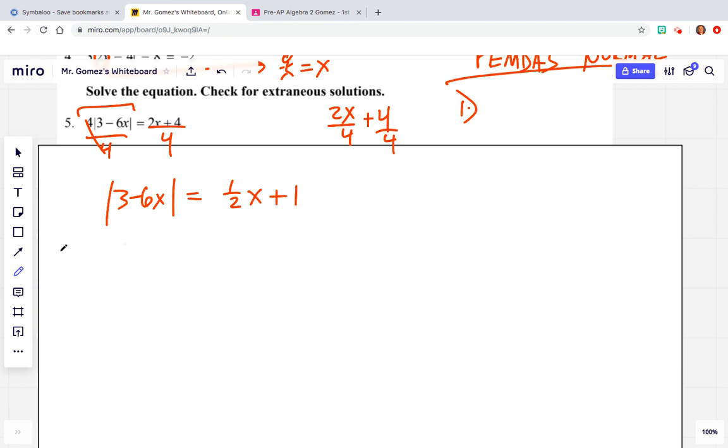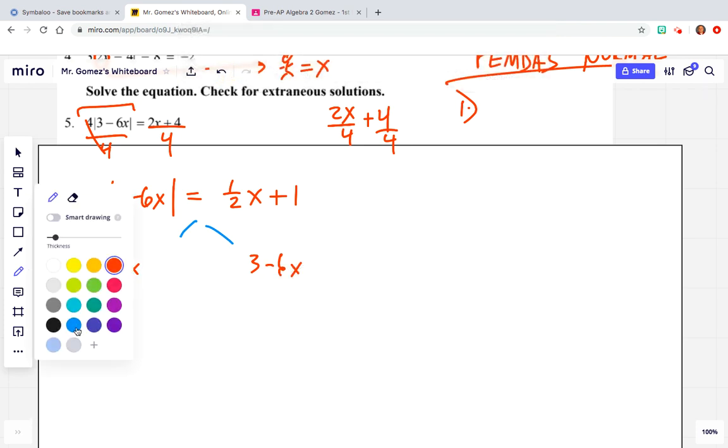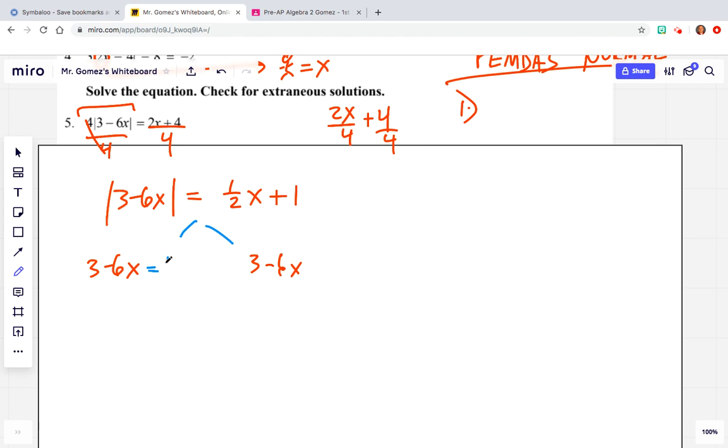So from here, since we isolated the absolute value, we're going to break it down to the positive and negative forms of what we see. Okay, so let's copy it down. First of all, our absolute value piece, so 3 minus 6x on both of them. And then we're going to do the positive form of what we saw and the negative form of what we saw over here. So we have 1/2 x plus 1 and 1/2 x plus 1.